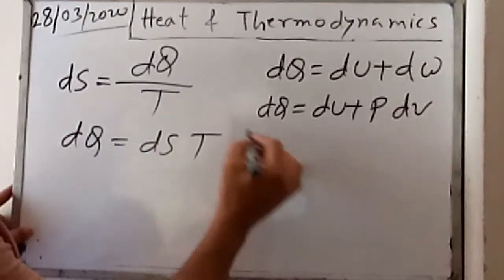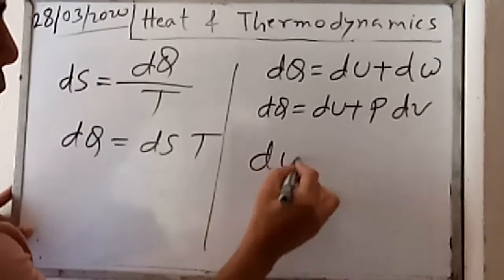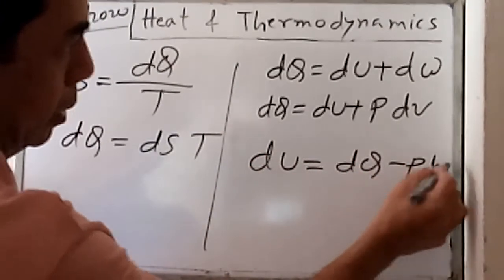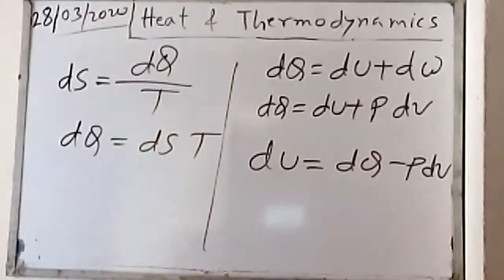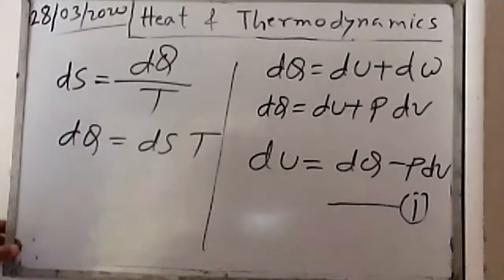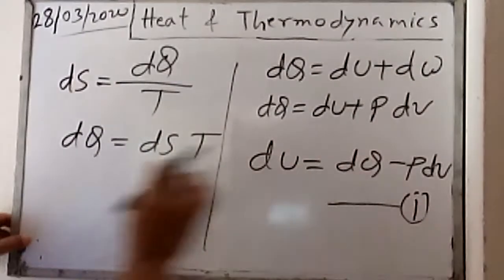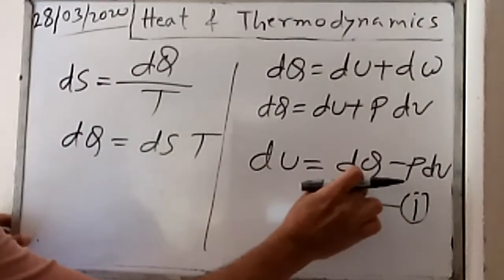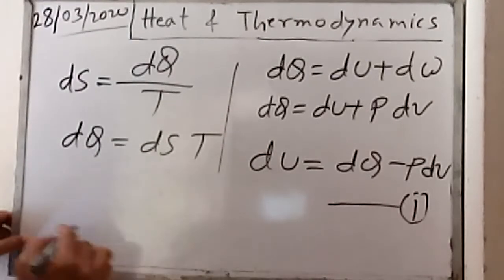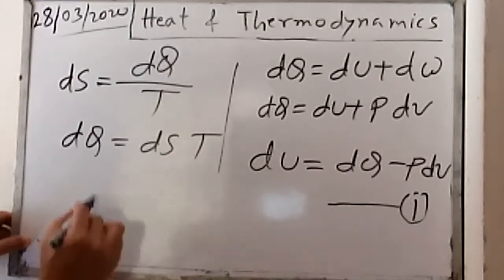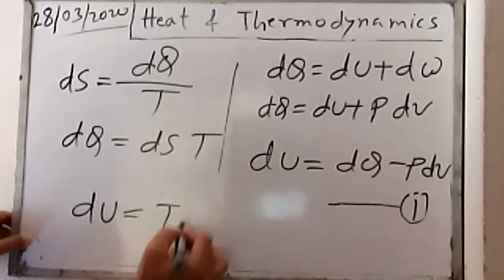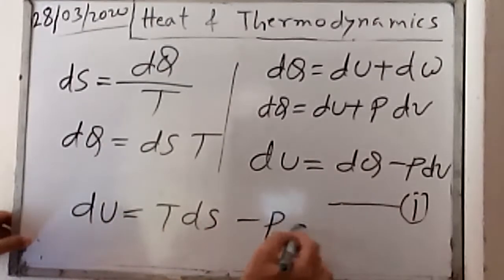Here du equals dq minus pdv. This is equation number 1. Put this value here, and you will get du equals T ds minus p dv.